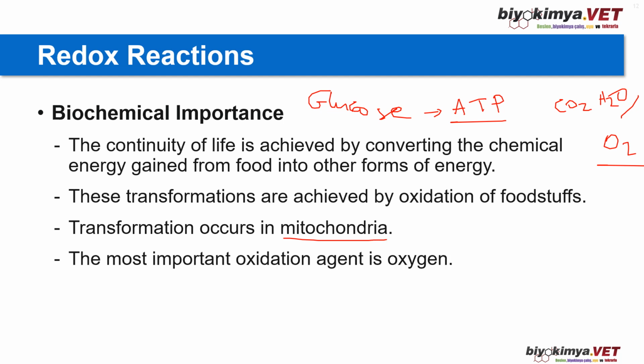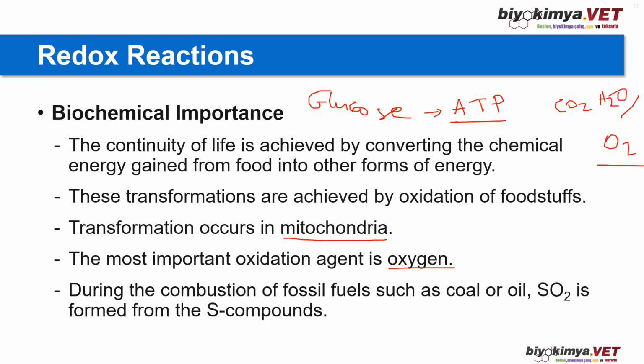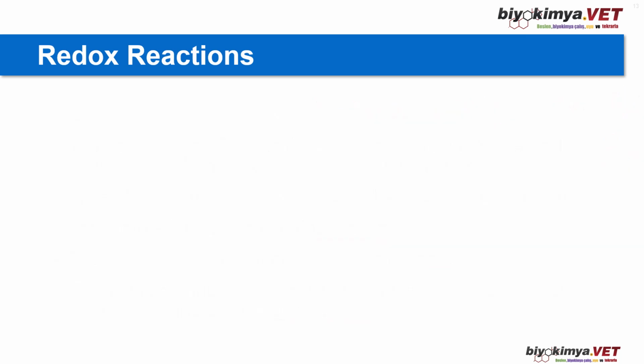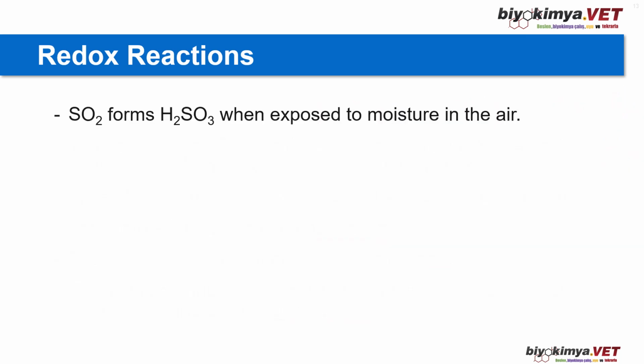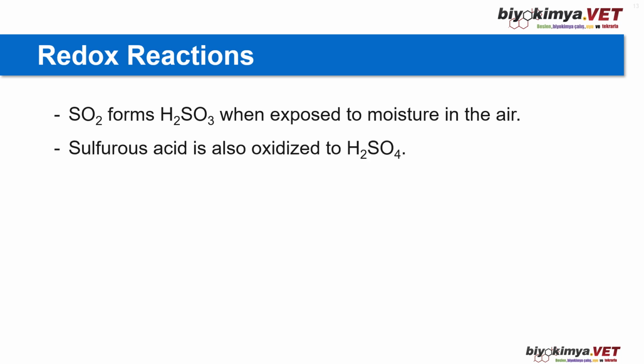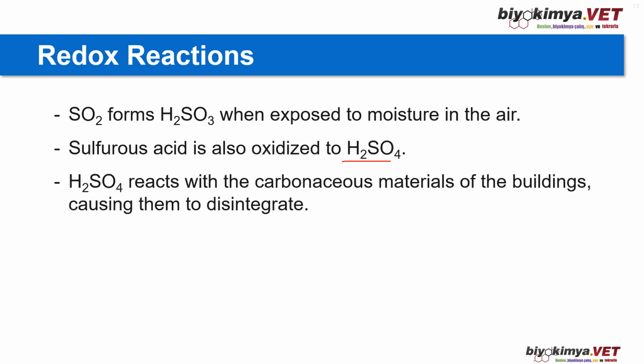The most important oxidation agent is oxygen, and during the combustion of fossil fuels such as coal or oil, sulfur dioxide is formed from the sulfurous compounds. And sulfur dioxide forms sulfurous acid when exposed to moisture in the air, and sulfurous acid is also oxidized to sulfuric acid.